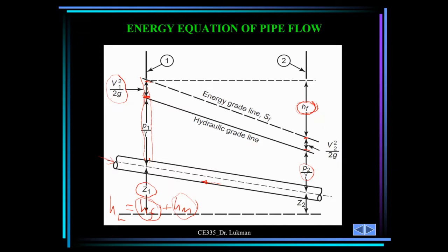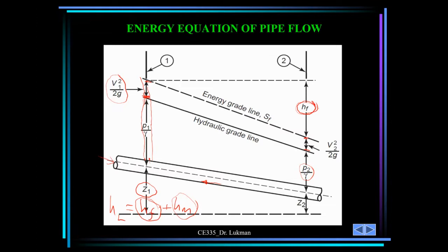In the design, we are going to see in our analysis where we will consider the minor losses. And here we call it the SF, the slope of the energy grade line, which is the slope of the friction head loss. This is called friction slope or energy slope.